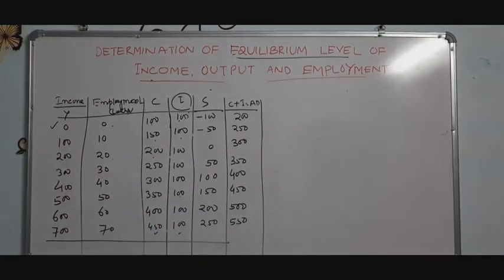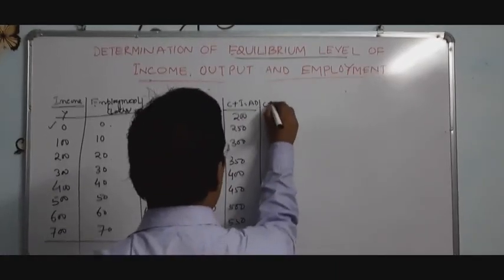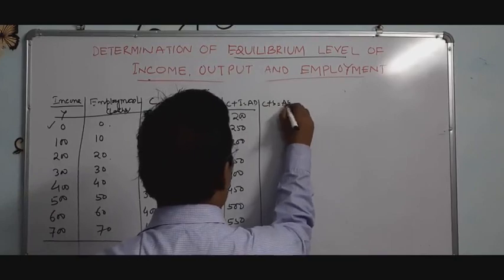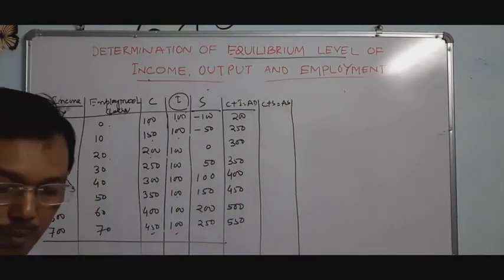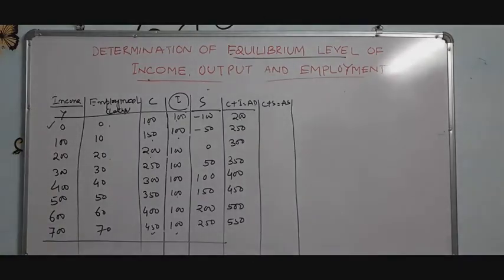Similarly, we have already known according to Keynes, aggregate supply equals consumption plus saving. C plus S equals AS, that is the aggregate supply.